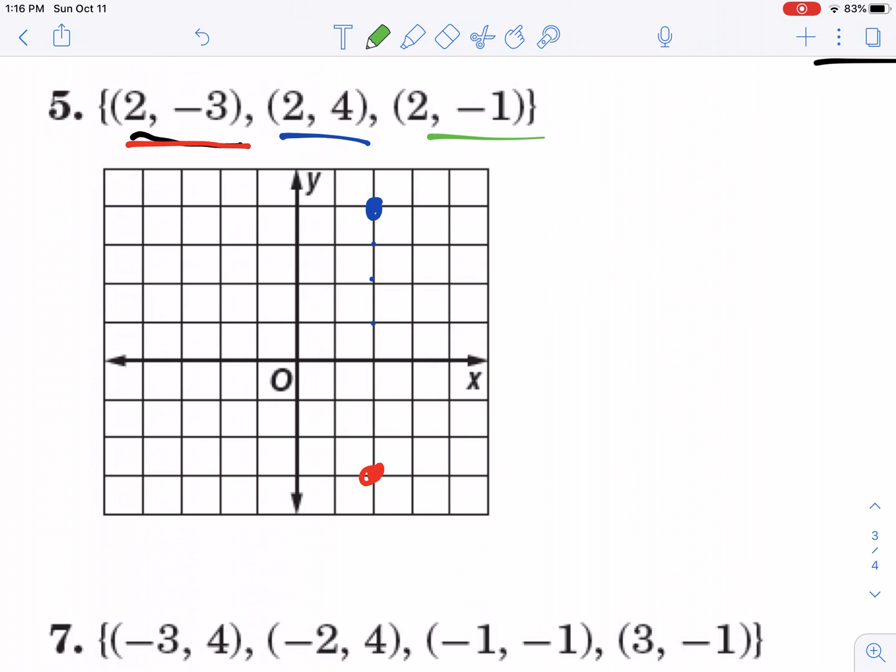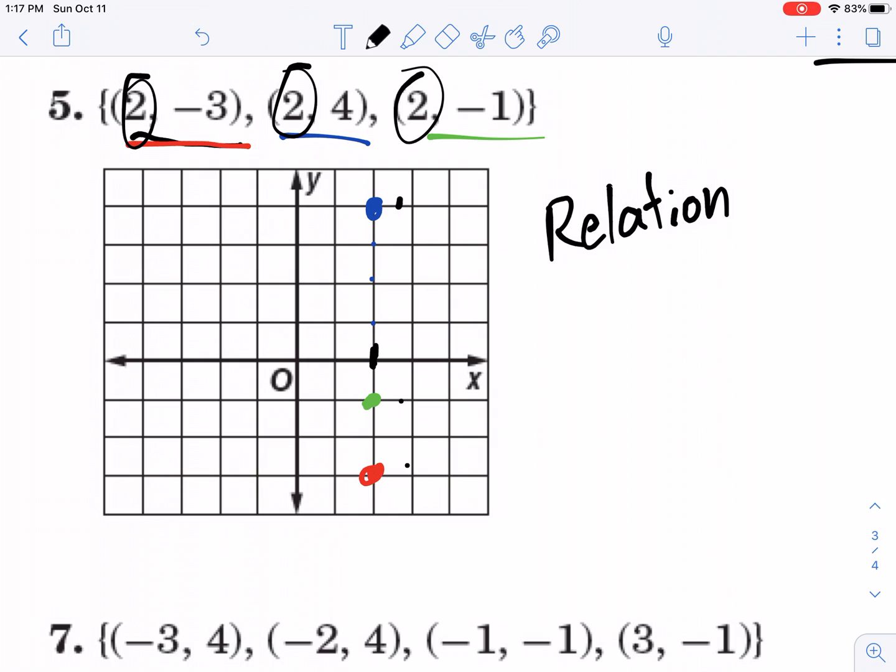Well, that'd be out 2 on the x, down 1 on the y. Well, look at this guy. Notice, does my x repeat here? Yes, okay. The x value of 2 is paired up with 4. It's paired up with a -1, and it's paired up with a -3. My x's are repeating. So is this a function? No, it's a relation. It's not a function, it's a relation because the x values repeat.